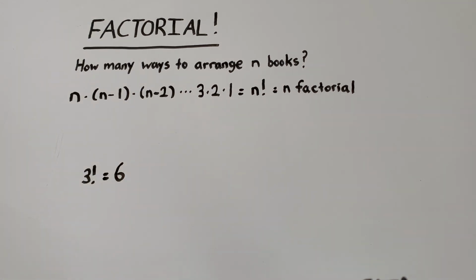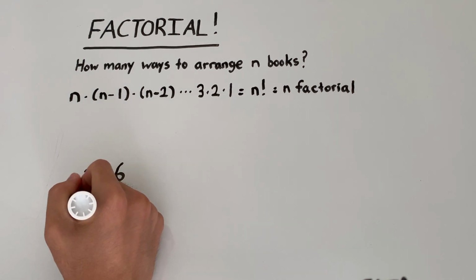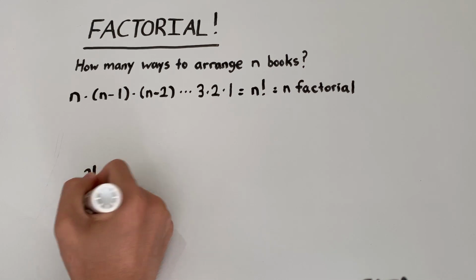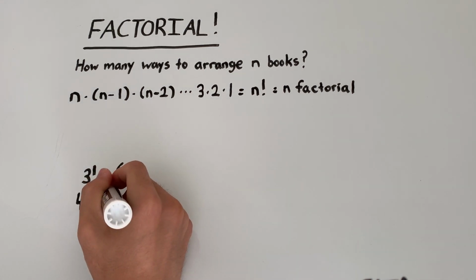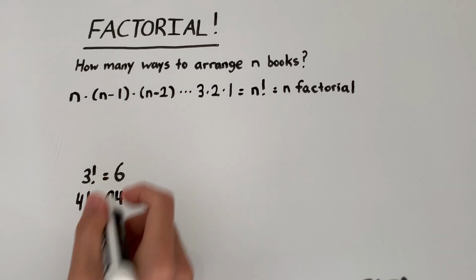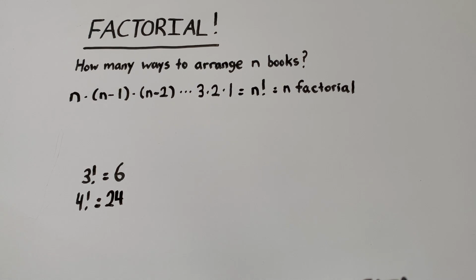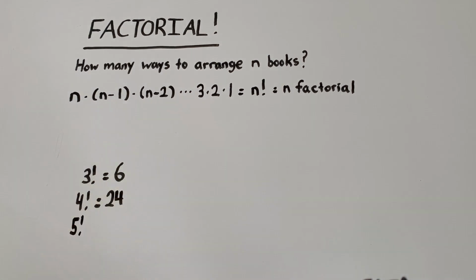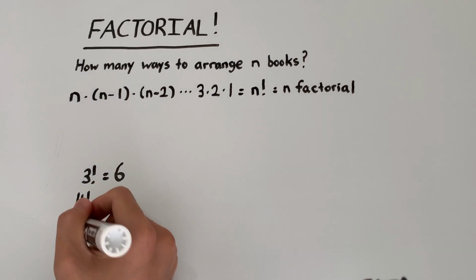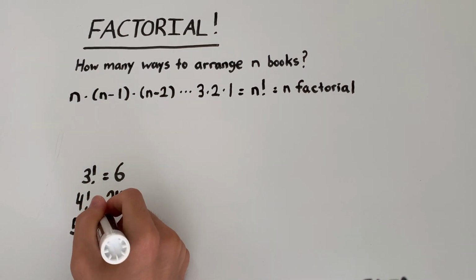Then we asked ourselves how many ways we can arrange 4 books on a shelf. That answer is 4 factorial, which is 4 times 3 times 2 times 1, which turned out to be 24. 5 factorial was 5 times 4 times 3 times 2 times 1, which is 120.